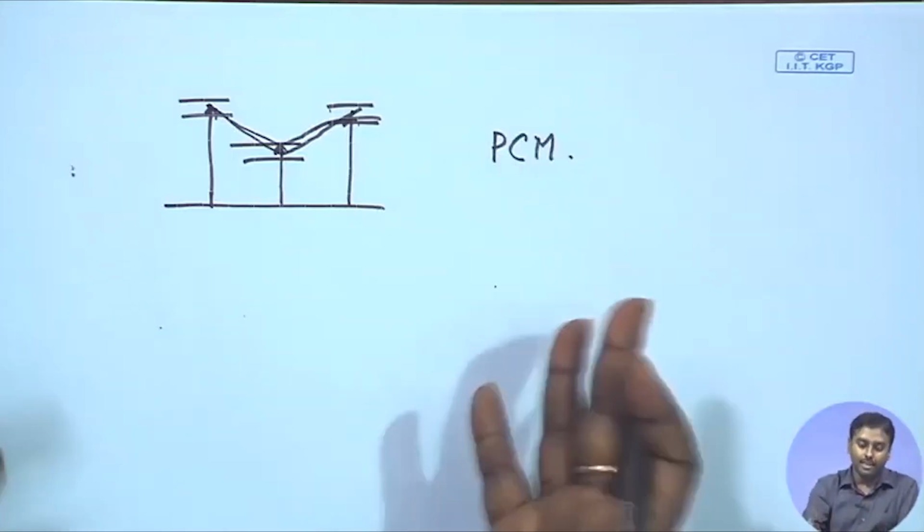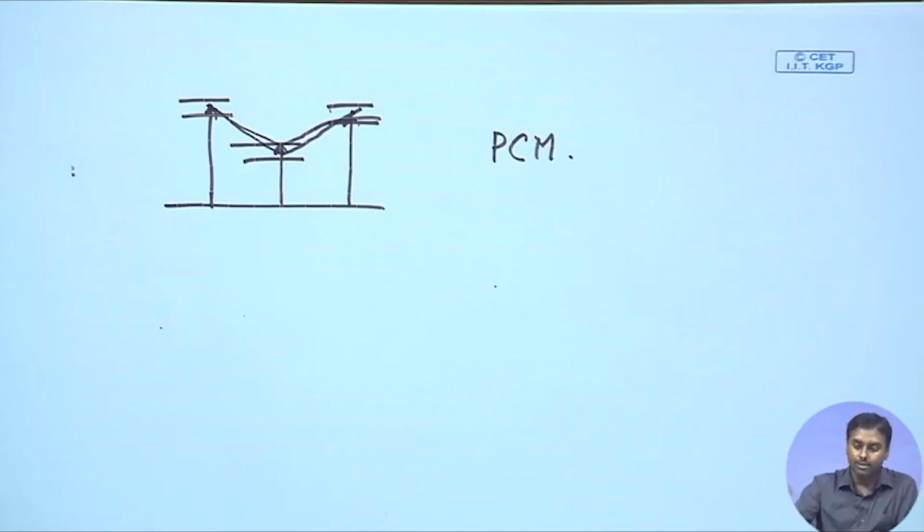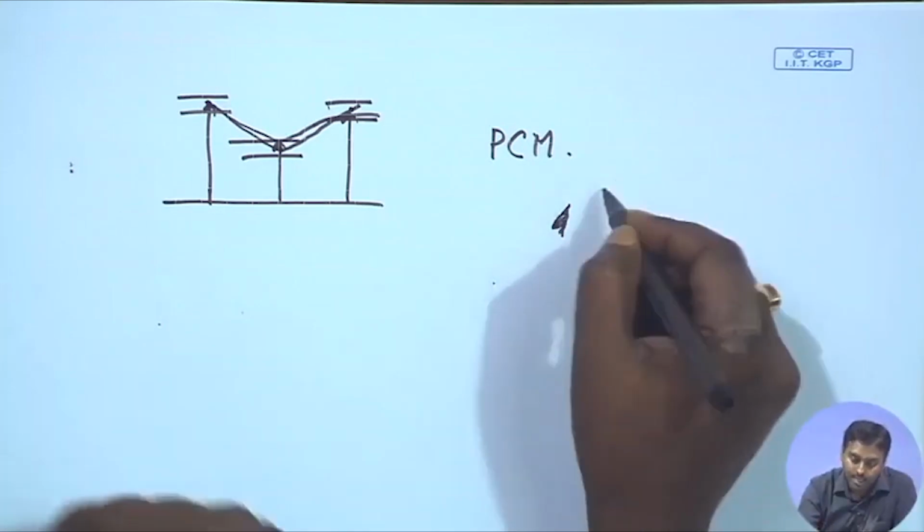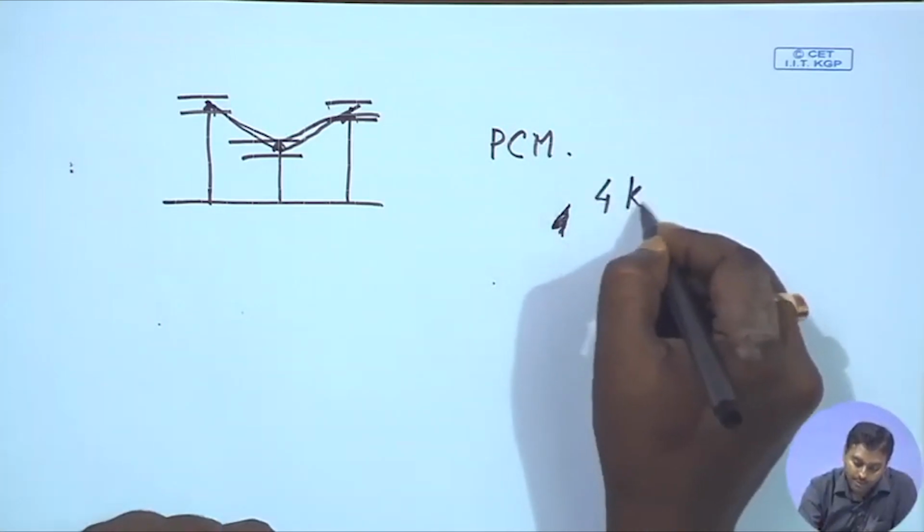Voice signals use this, even these days. The telephony that you use, the landline phone calls you make, goes through this. Your voice signal is first sampled, because we assume the voice signal has a maximum bandwidth of 4 kilohertz.